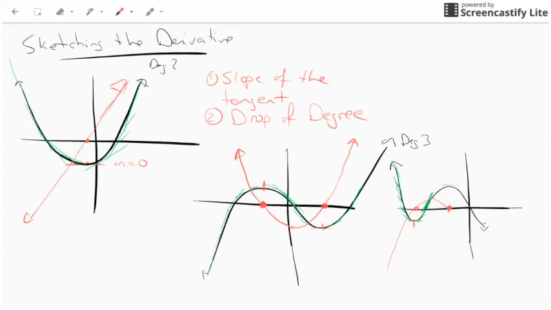And then when you get to the far side of this point, all of the tangent lines have negative slope, and they're getting larger in magnitude but more negative, so smaller and smaller. That's a terrible drawing. But you get that idea, and that's how that would change the orientation. The orientation of the original function will affect the orientation of your derivative. So again, just keep in mind that we're talking about the slope of the tangent, and every time we do this, we're looking at a drop in degree.